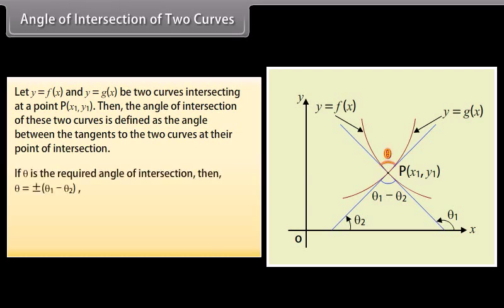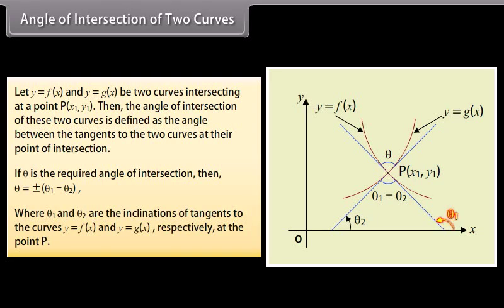If theta is the required angle of intersection, then theta = plus minus (theta 1 minus theta 2), where theta 1 and theta 2 are the inclinations of tangents to the curves y = f(x) and y = g(x) respectively at the point P.